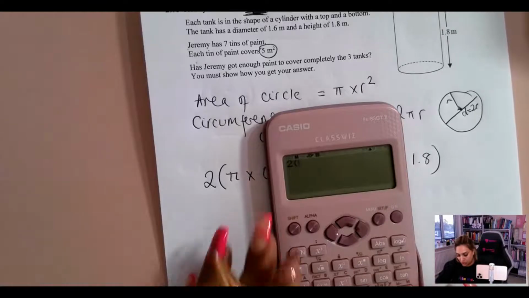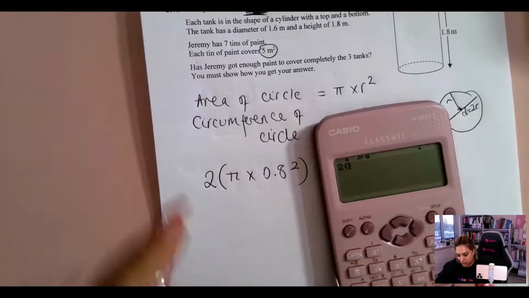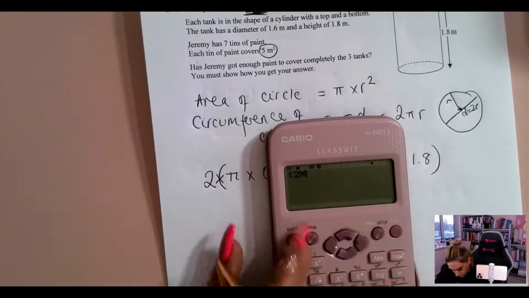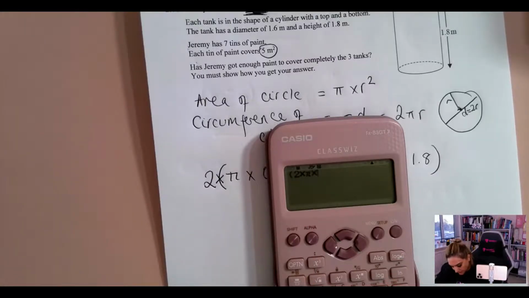So we've got 2 lots of, so I could just put 2 times if that's easier, but I'm going to put it in a bracket. So 2 times shift pi times 0.8 squared. Okay, I'm going to close the bracket.